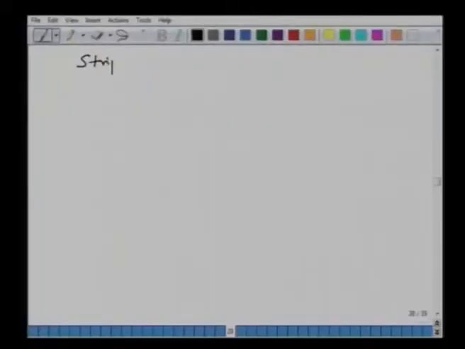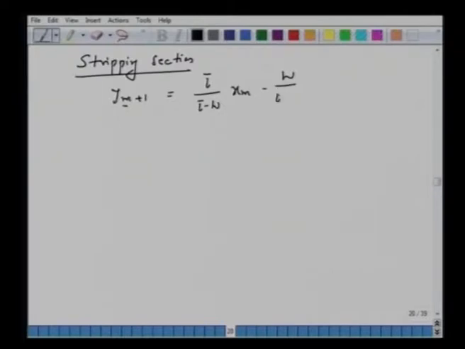So let's continue with our balance with the stripping section. Now the equation of the stripping line, the stripping section, is y(m+1). So we are using m instead of n. We have L bar over G bar, but G bar we write in terms of L bar minus W: xm minus W over L bar minus W, xw. So again we know all these quantities here.